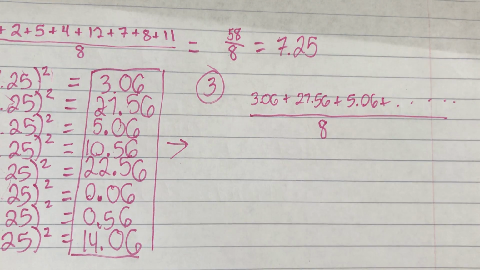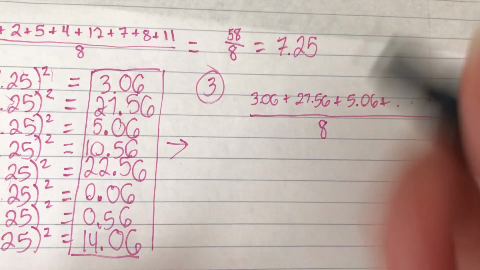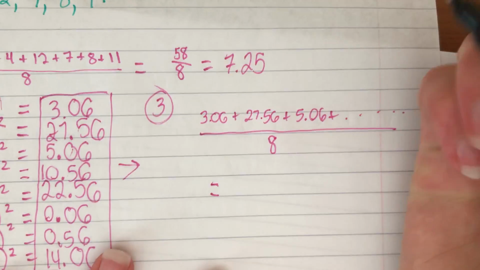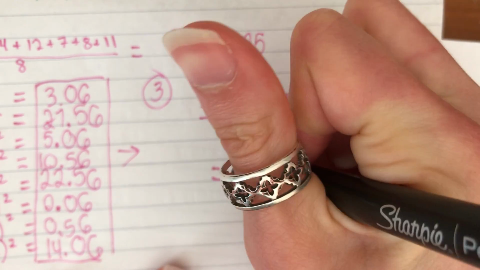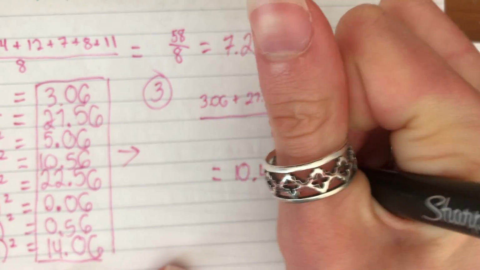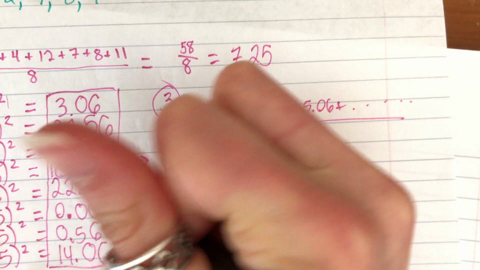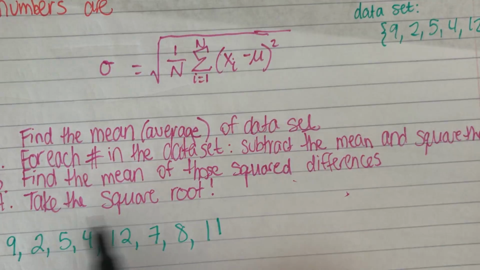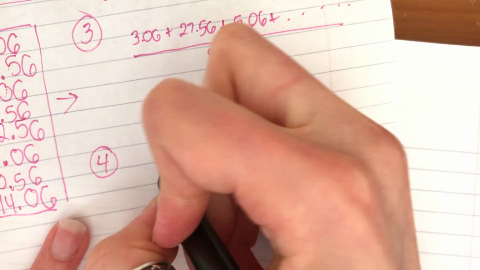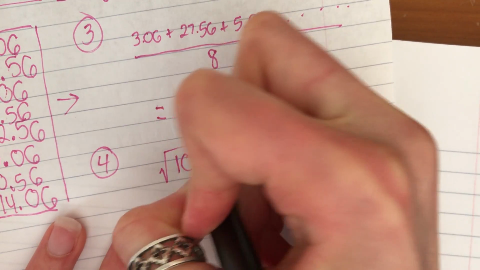Okay, so we add all those up, and then we simply divide by 8 because we had 8 numbers. Okay, and the answer to that, which I just found on my online calculator, is 10.435. Okay, we're almost done. What is step 4? Step 4 tells us to take the square root. So we're going to find the square root of 10.435.